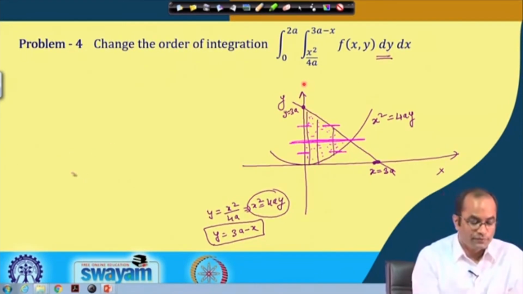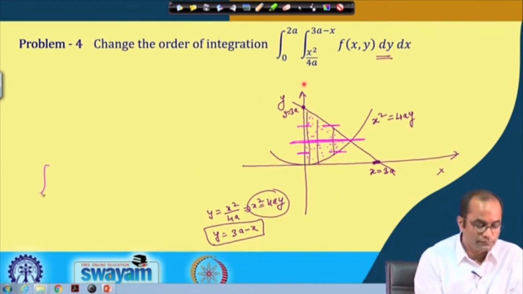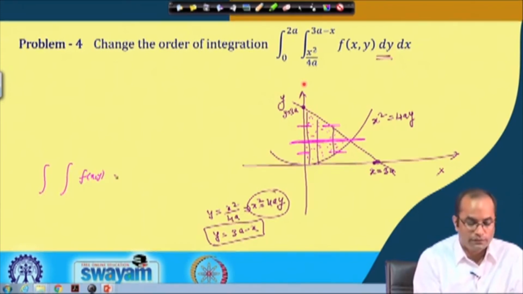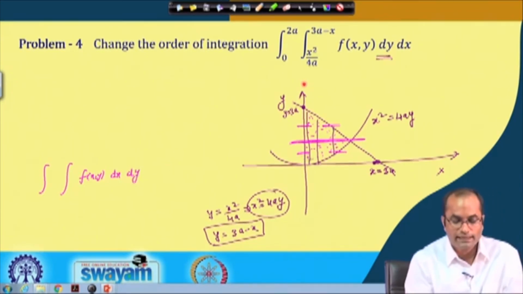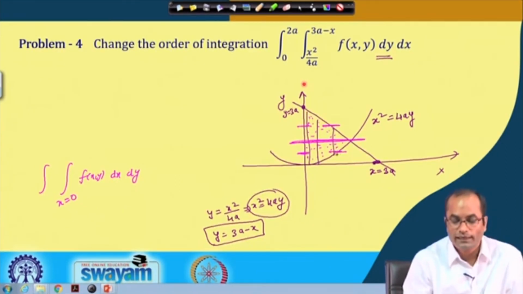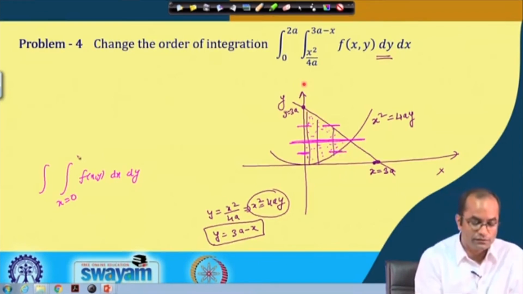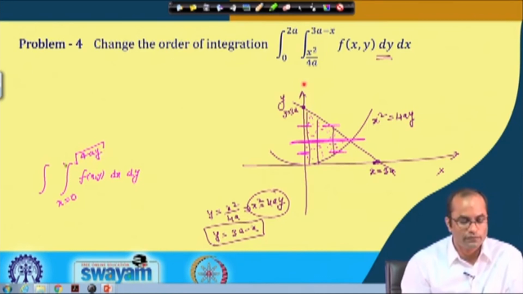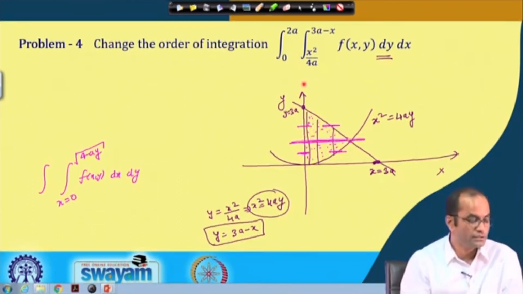So, for the first part we want to have dx dy. For this x, x goes from 0 to the parabola, which is the square root of 4ay, or 2 square root of ay. Then we also have to see what this point is, which will be 2a into a.